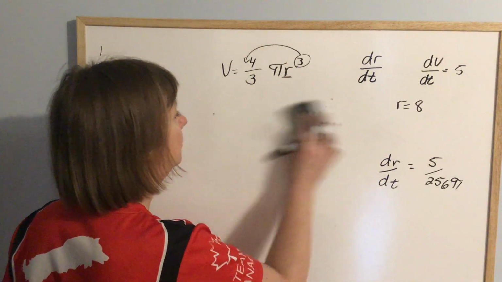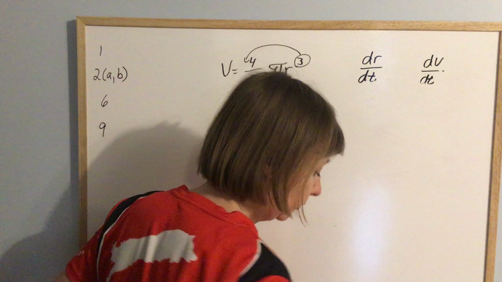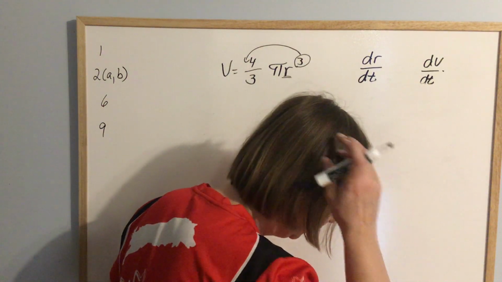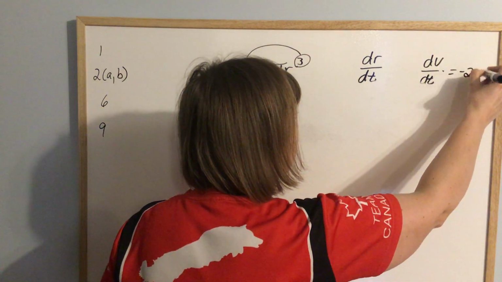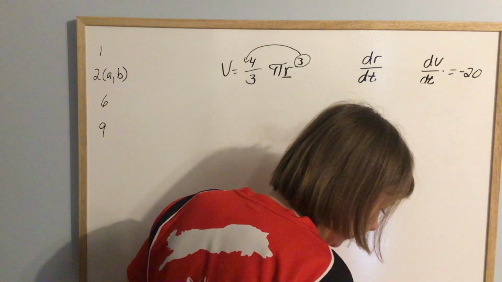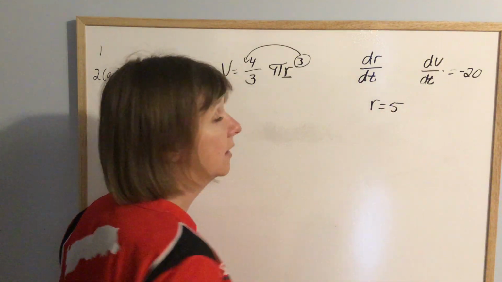So 2b is going to be very similar to a. They want us still to find dr over dt. This time dv over dt is negative 20, and the diameter is 10, which means the radius is 5.